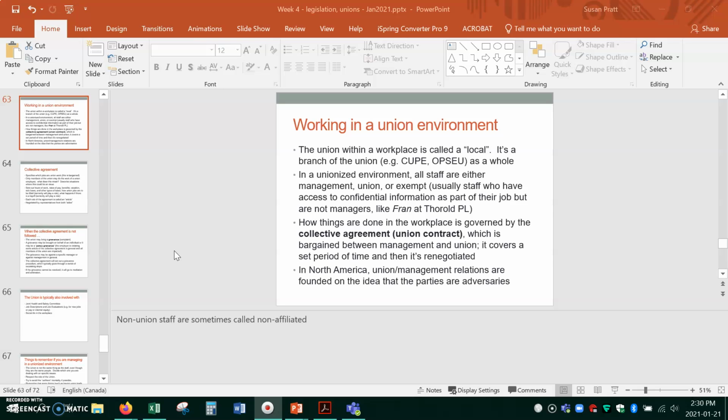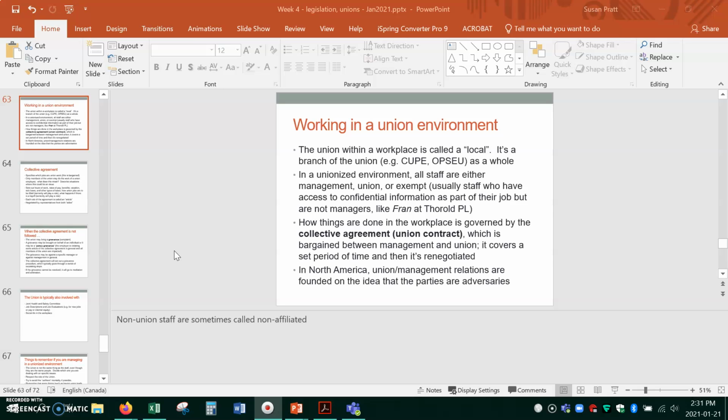They will have a local branch of the union that represents their local interests, and will have members of our local in positions, so a little branch with its own organization structure, a president, a secretary, things like that, that I can speak to, or members can speak to. We don't have to call Toronto, where the OPSEU headquarters are.